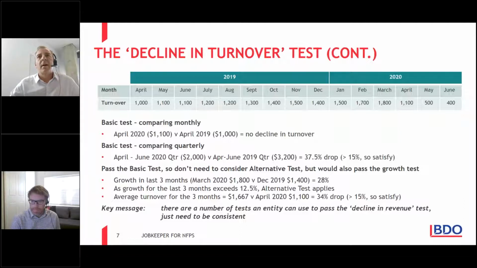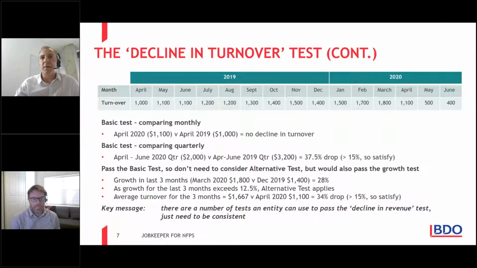You could interpret that as comparing January to March. The ATO's preferred view, which you won't find written down anywhere but which they expressed in a webinar, was they would prefer that you compare the month before. So you compare March with December to see whether there's been that 12.5% increase in revenue over that period. When we do that, we find that we do. That means that we're into the test.